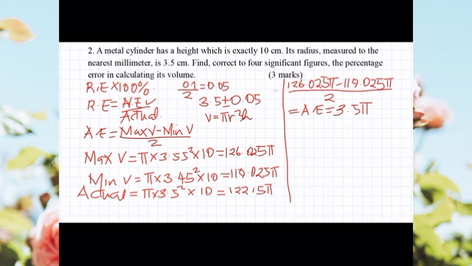So now we take our absolute error, 3.5 pi, we divide by the actual, which is 122.5 pi, and then we multiply by 100% in order to get the percentage error. And when we do this, we find that approximately our percentage error is 2.857%.